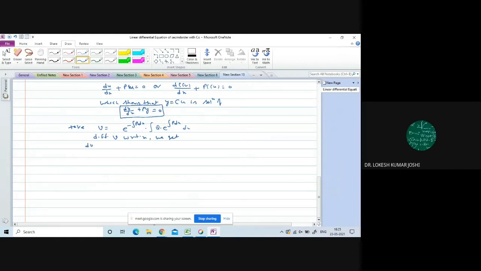We get dv/dx equals, now we can apply the product rule. Say this is the first function and this is the second function.